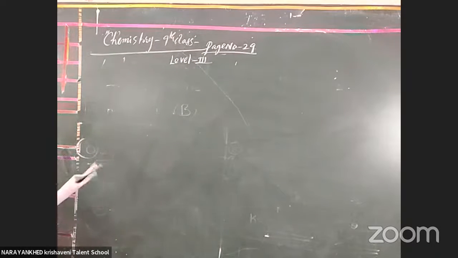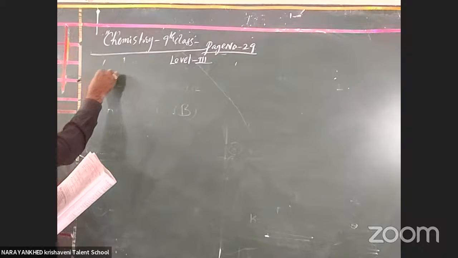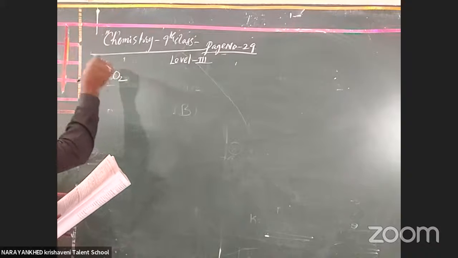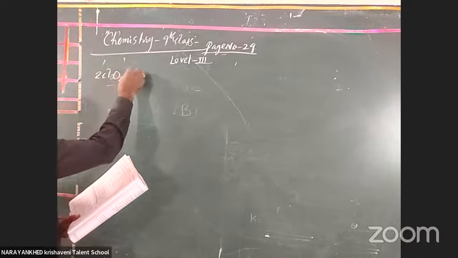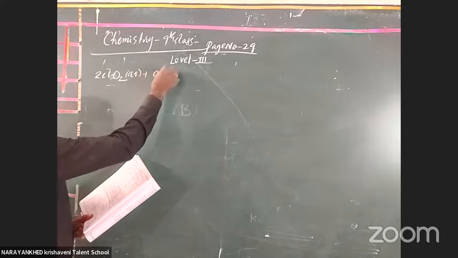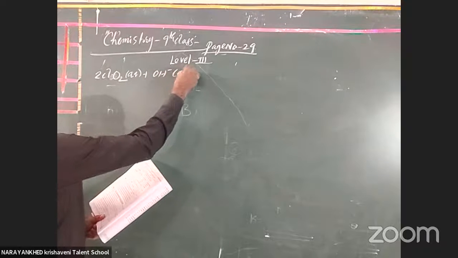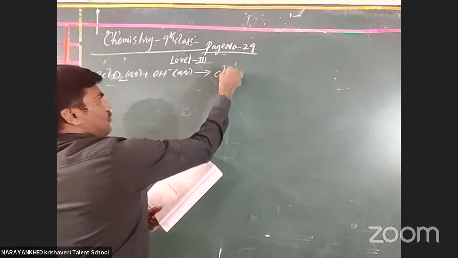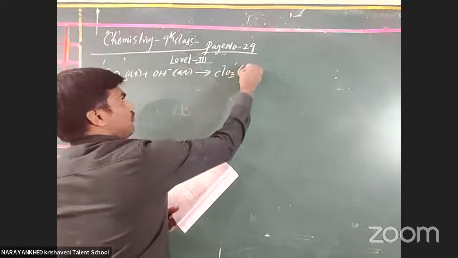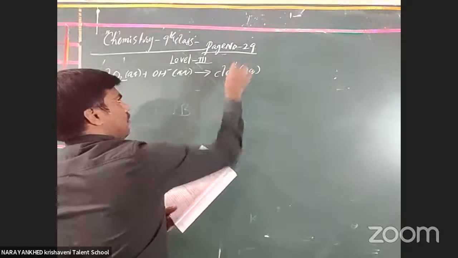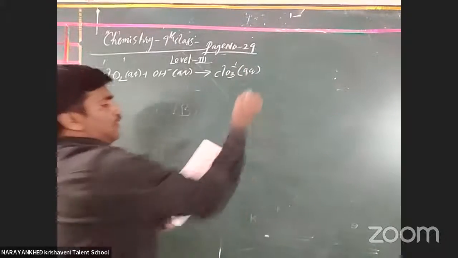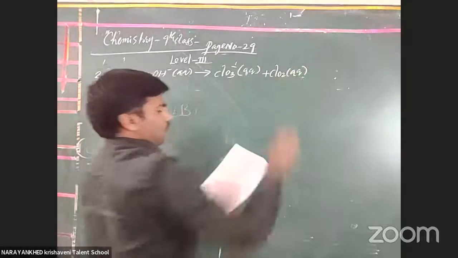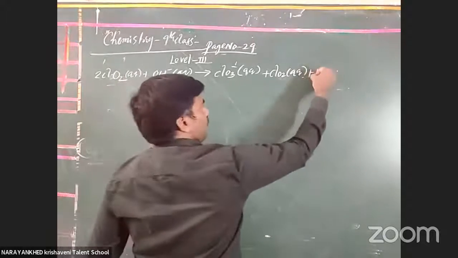What did they give? One equation is given: ClO2 plus OH minus gives rise to ClO3 minus plus ClO2 minus plus H2O.